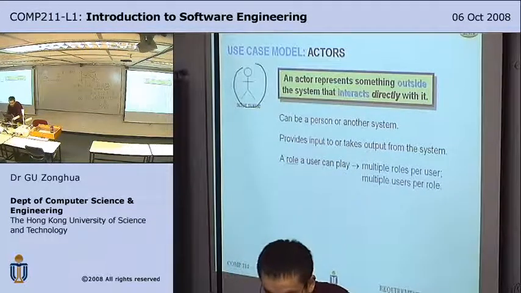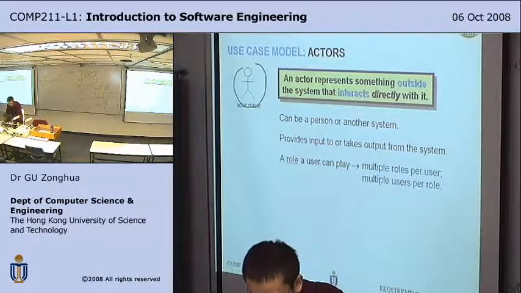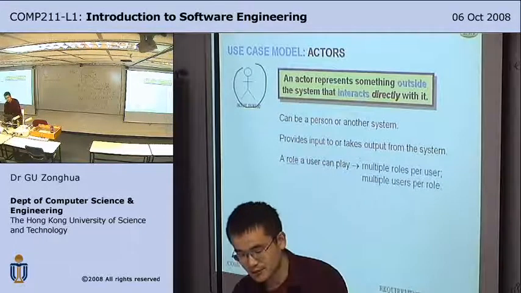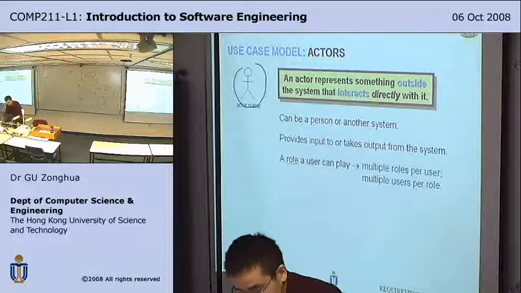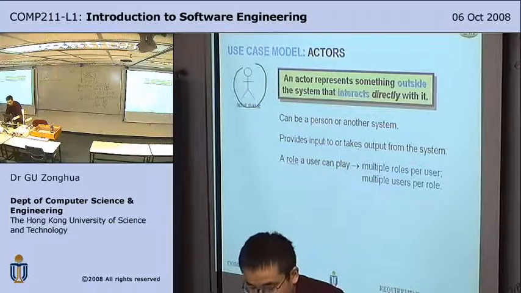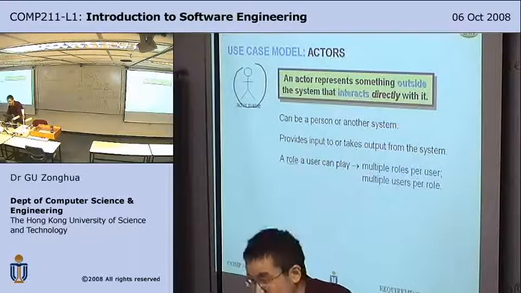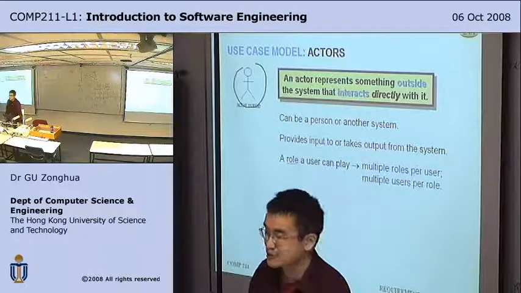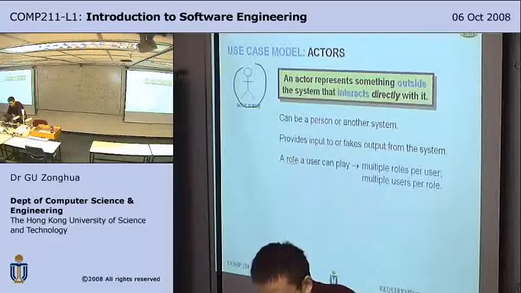For example, me as a person, I can play the role of a professor of a course, or I can play the role of advisor to my PG students, right? As the same user, I can play multiple roles. Therefore, there are multiple actors for the same user. Multiple users per role, that's also possible.